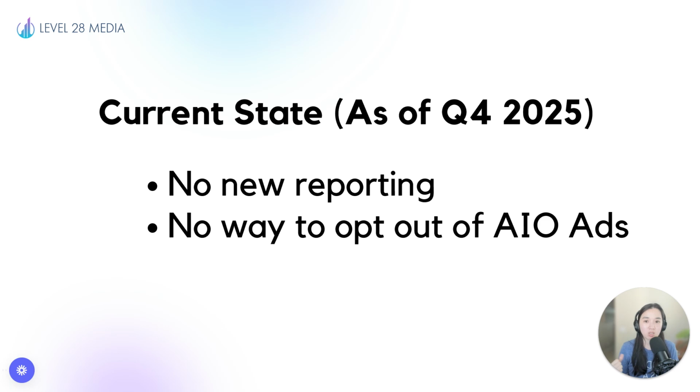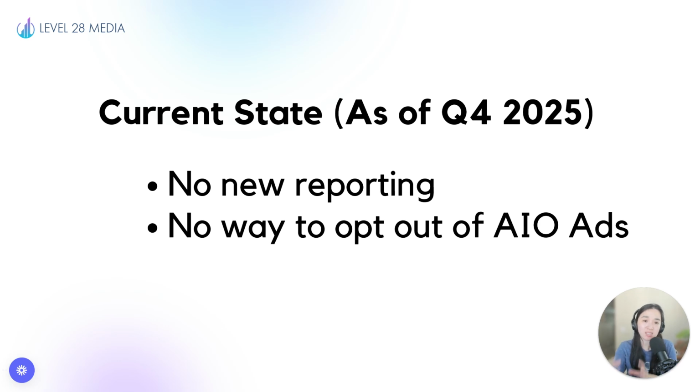And something else too is you're not able to opt out of AI overview ads. And I don't see any reason why someone wouldn't, but I guess it really depends on if an advertiser doesn't want to appear against a certain type of AI overview questions, but there's no way to go about blocking yourself from appearing in AI overviews.